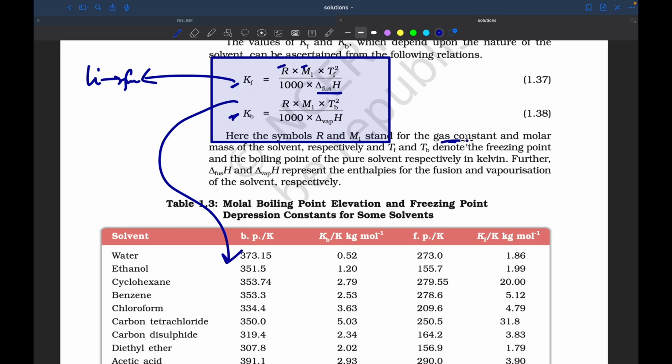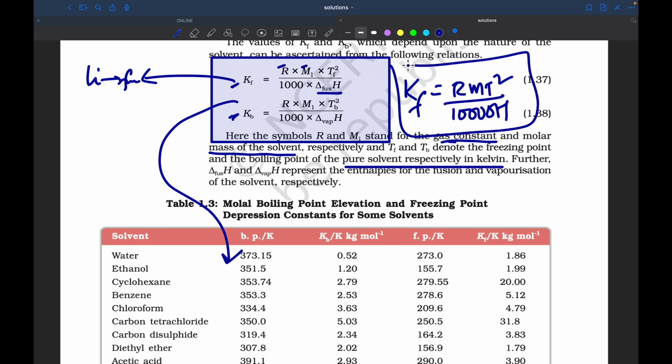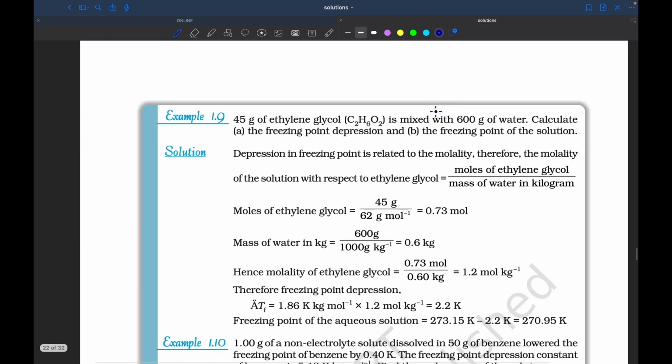R stands for the gaseous constant, and M1 is the molar mass of the solvent, and Tf and Tb denote the freezing point and boiling point of the pure solvent in kelvins, and you have to take their square. The formula is easy to remember: Kf equals RMT squared by 1000 delta H. So this is the formula to use. For Kf we take the freezing point and here we take delta H fusion, right? So these are the values given here.